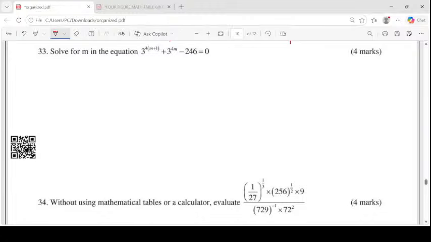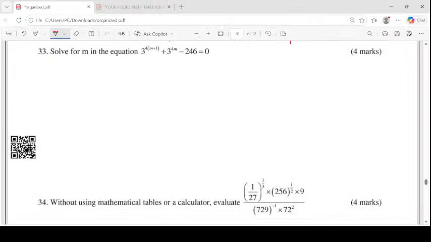Solve for m in the equation 3 power 4m plus 1, plus 3 power 4m minus 246 is equivalent to 0. So we can open the brackets. This can be written as 3 to the power of 4m plus 4, plus 3 to the power of 4m.